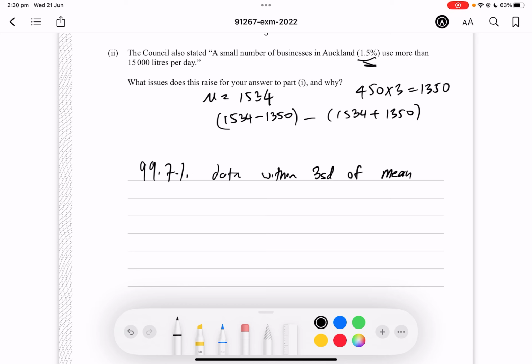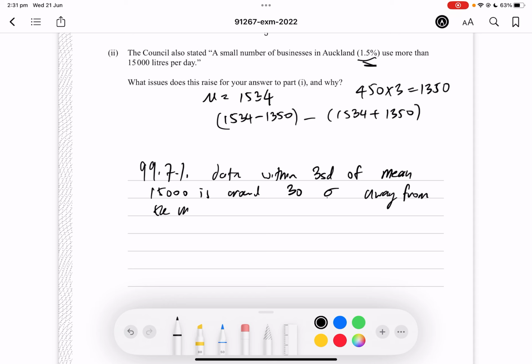So you could actually calculate how many z-scores away that 15,000 is. With a standard deviation of 450, it's about 30 z-scores away. So it's about 30 SDs, or standard deviations, away from the mean.